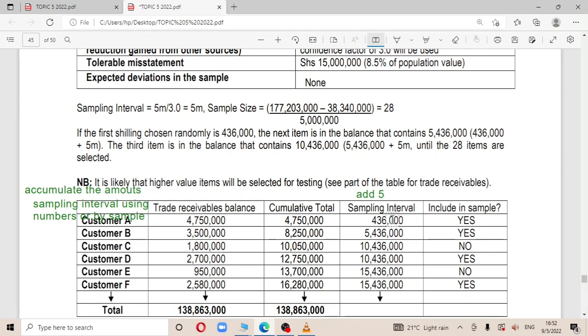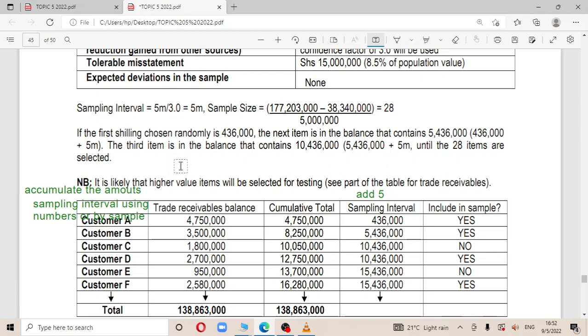So somebody was asking, how do you get the 5? The 5 is the sampling interval, which you get by dividing the population by the sample. That's what I started with. Divide the total population by the sample. And in our question, you remember what was the population? The population was 177,203 divided by 38,340, like that.